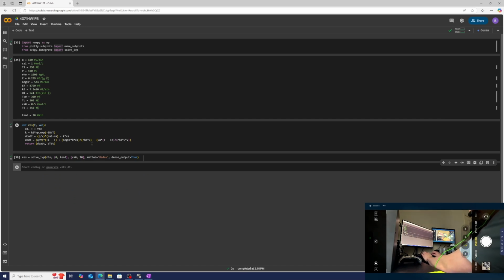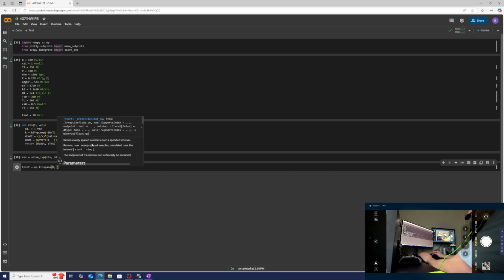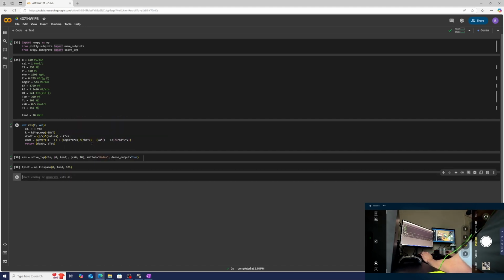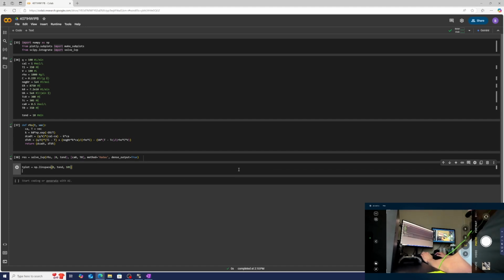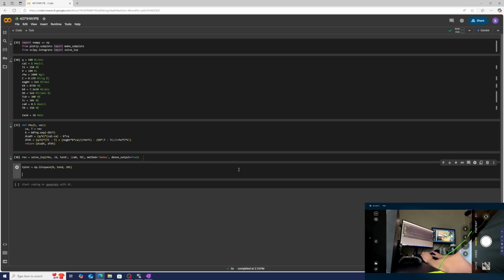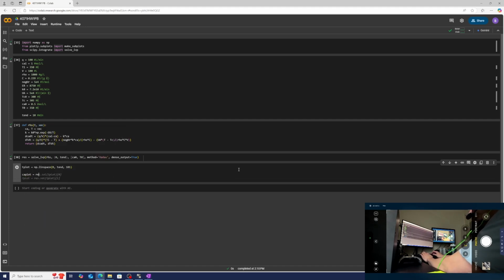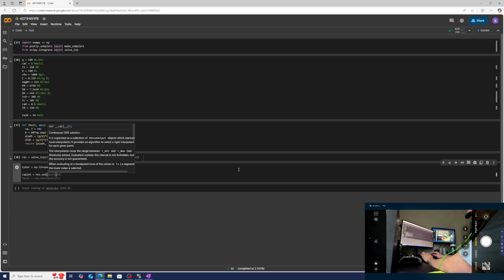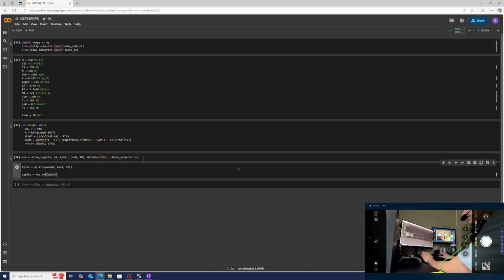So we can now create our t-plot. Our time for plotting is going to be equal to np.linspace from 0 to our t end. We'll have 100 points. And then our CA plot is going to be equal to our res.sol of our t-plot, so evaluated at each individual time.